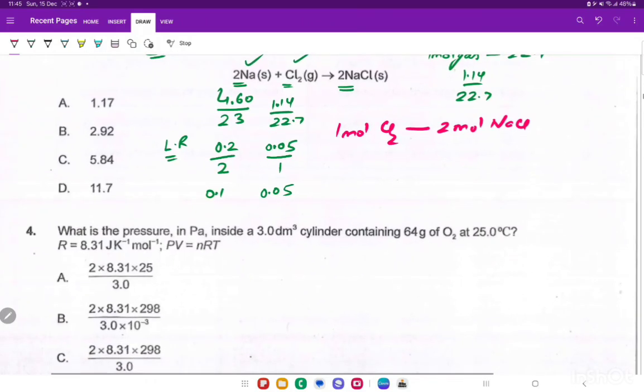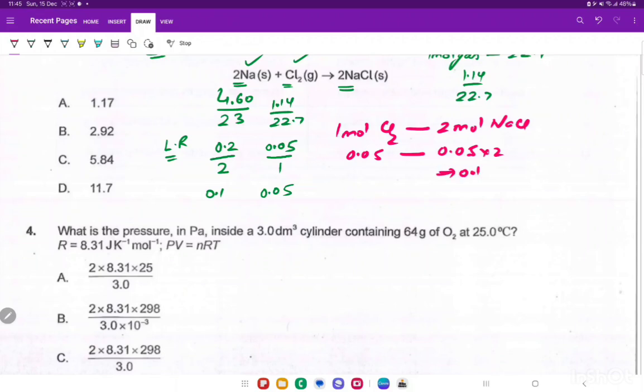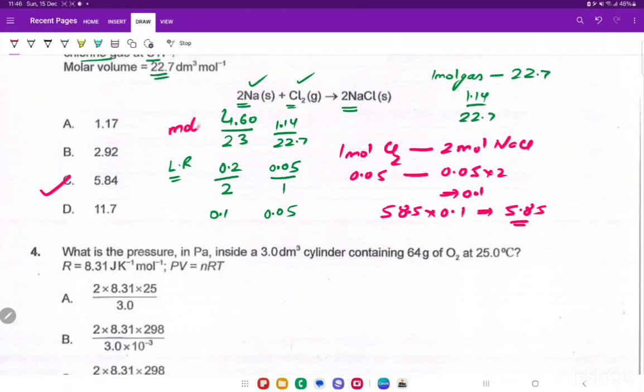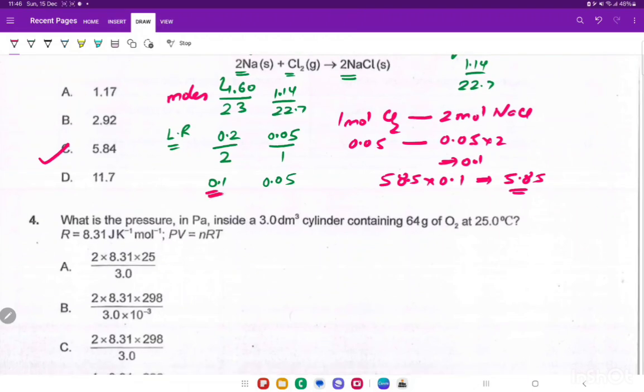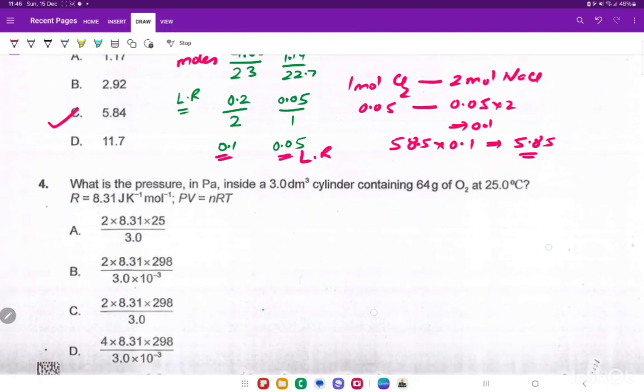Thus 0.05 will give 0.05 into 2, that is 0.1 mole of NaCl. The molar mass of NaCl is 58.5, so the mass is 58.5 into 0.1, that is 5.85 approximately. That is the mass of NaCl produced. The answer is C. First I find the moles, then the limiting reagent, and by using the moles of the limiting reagent, I find the moles of NaCl produced.